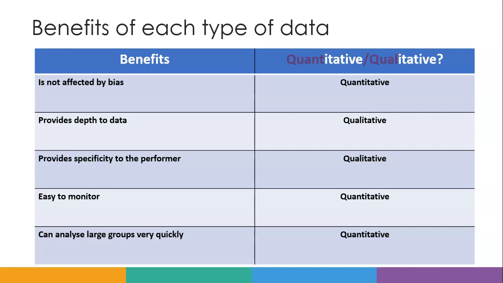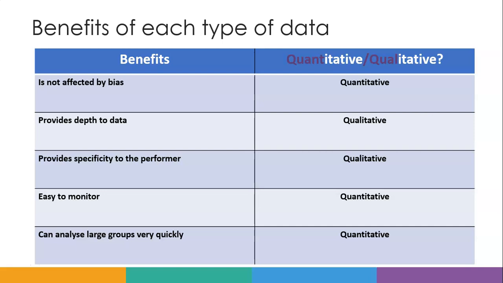That's because when you're asking for someone's thoughts and opinions, you tend to get far more detail than one simple timing in the 50-metre sprint test. You don't know why they got that score that day. There's a lack of detail in that. So that's qualitative data. It provides specificity to the performer. Again, that's qualitative data, because in these opinions and thoughts you're getting far more detail than just the number.